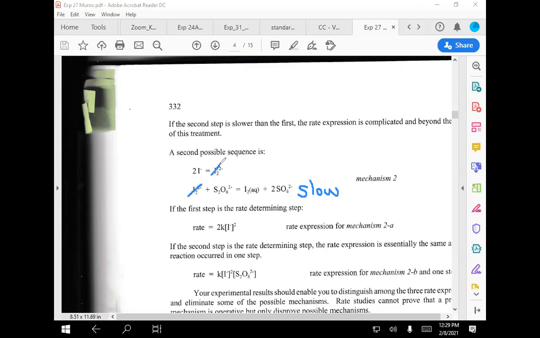So an intermediate is not going to be in the rate law. So we wouldn't show the intermediate in the rate law. But this would be part of our rate law. That's how they get this in the rate law.